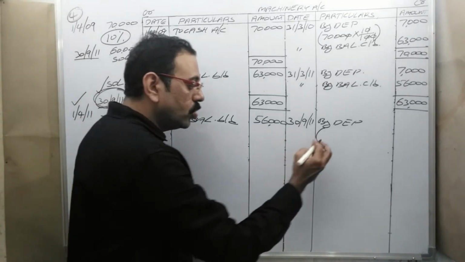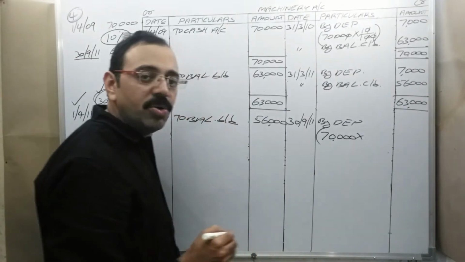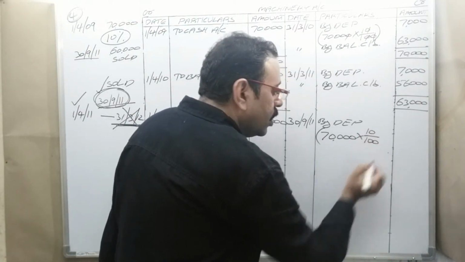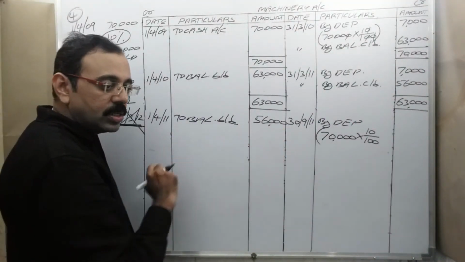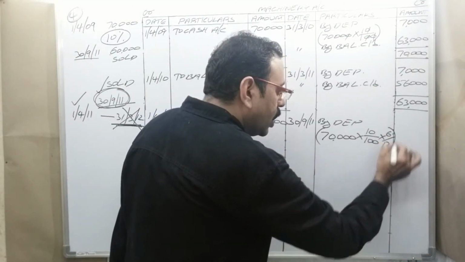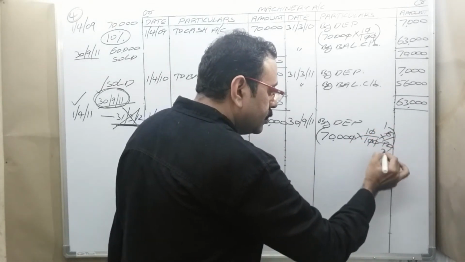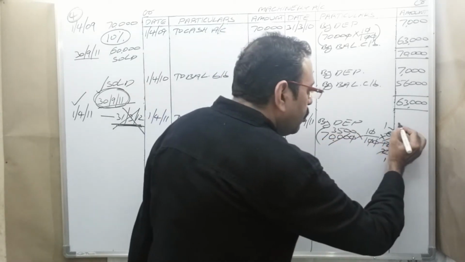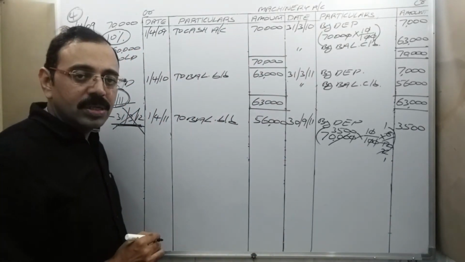So in the third year also we have to calculate the depreciation on 70,000 rupees. Depreciation percentage is 10, and for how many months should we provide the depreciation? 6 months. Therefore, into 6 by 12, 3,500. So depreciation for 6 months is 3,500 rupees.